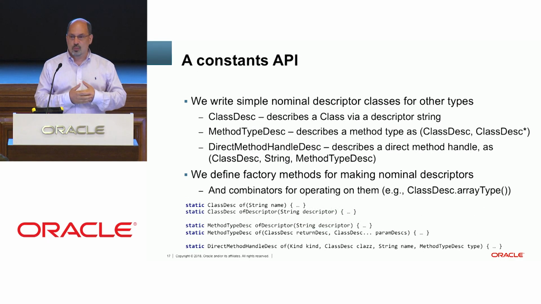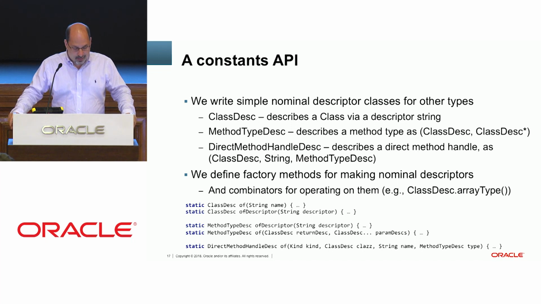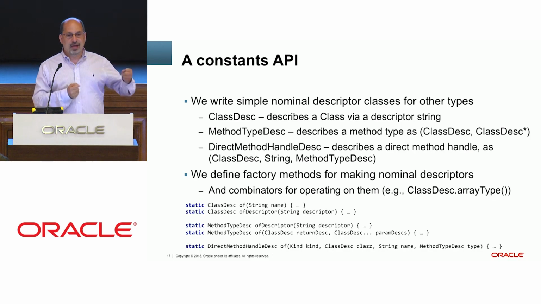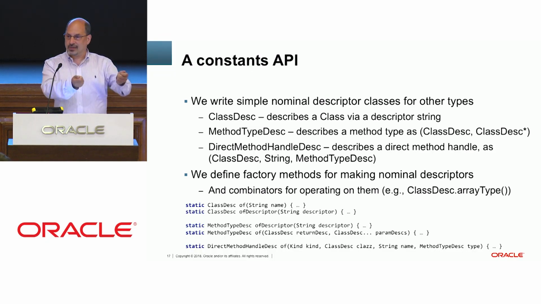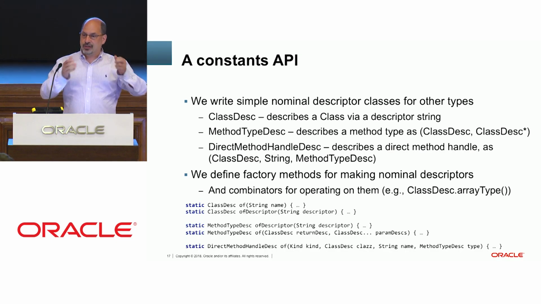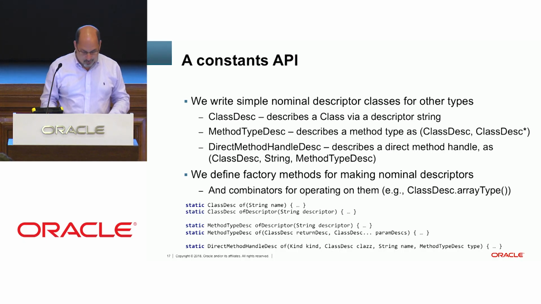And for the rest, we've just written classes to describe them. So ClassDesc, MethodTypeDesc, MethodHandleDesc, and we wrote a bunch of simple factory methods and combinators for making them. So give me a ClassDesc for the class whose name is this, or the class whose descriptor string is this, or a MethodTypeDesc for this ClassDesc for a return type, and these ClassDescs for parameter types.